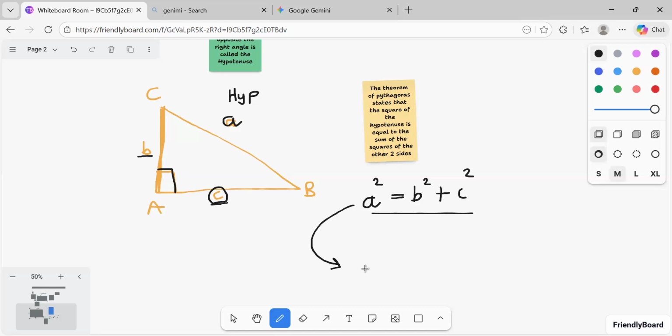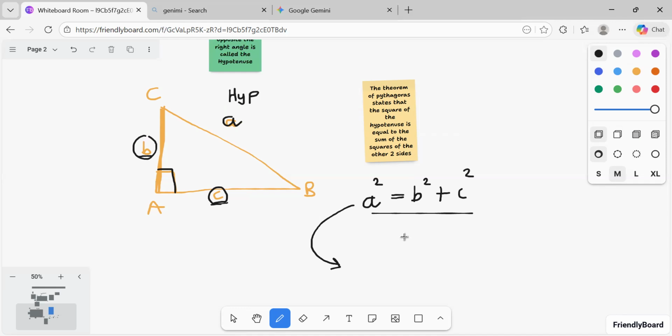Let's say in this case I want to find side B, which I am circling right now. So what I simply do is rearrange.